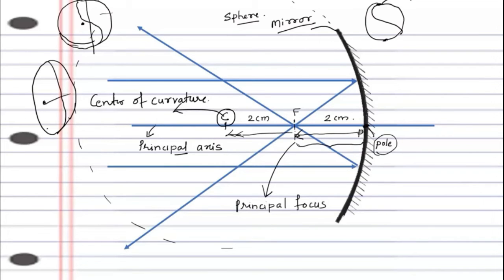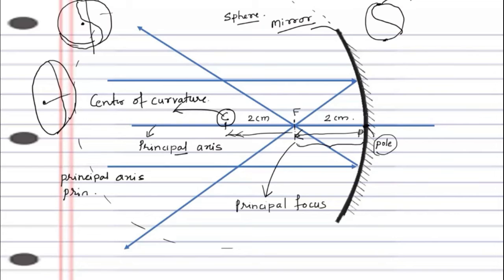So what we have understood now is, first is the principal axis. So when I am writing, just look at where the principal axis is. Then the principal focus.